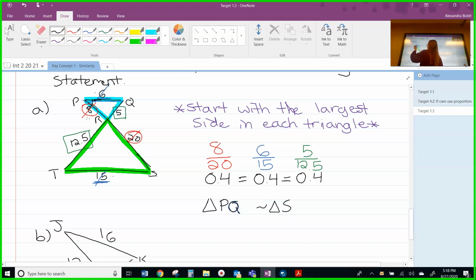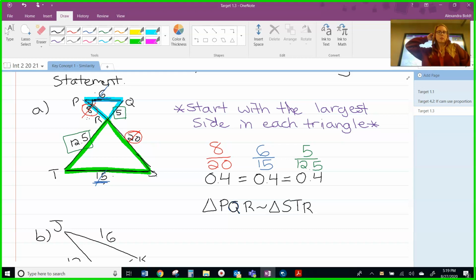Okay. So now if I went from S, I want to go down my blue side or my underlined side. So I'm going to go to T. And then my last letter is R. Okay. So it's a little more complicated, but you still can match up those points.